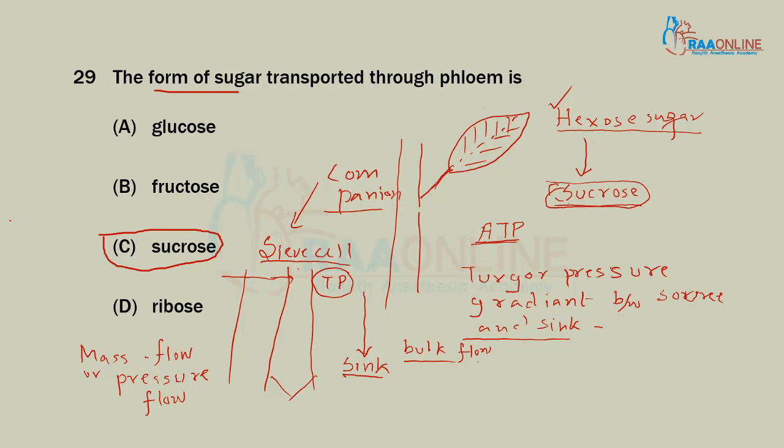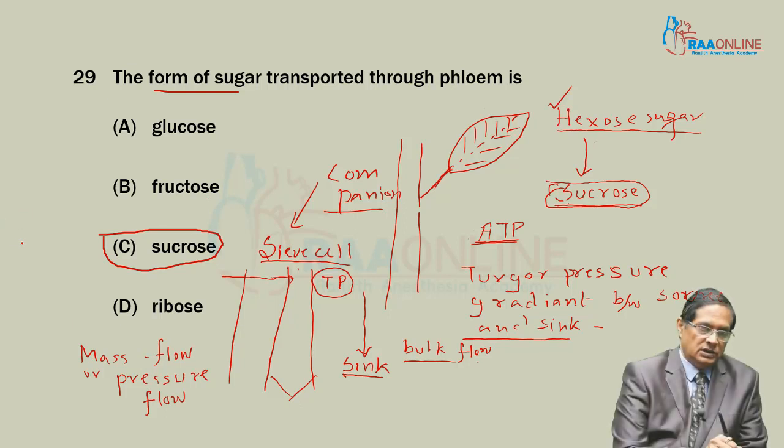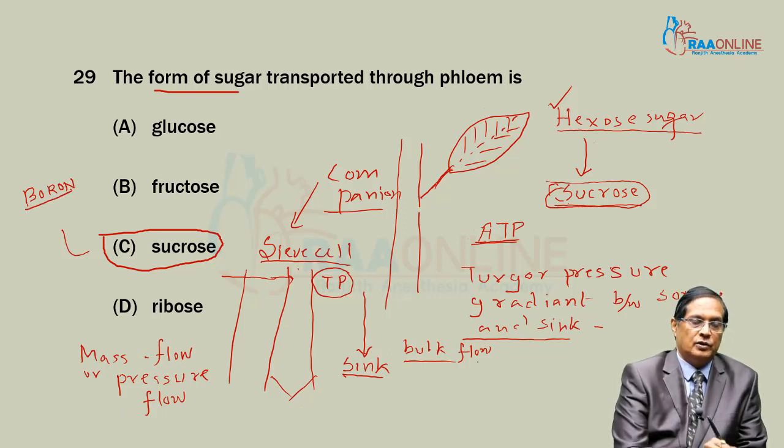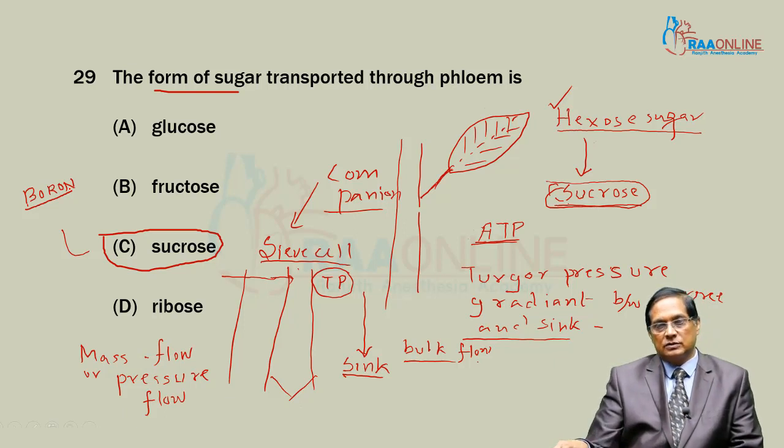One more piece of information related to the translocation of organic matter is boron. This element, or micronutrient, plays an important role in sugar translocation.